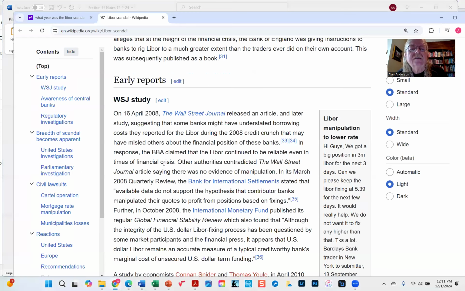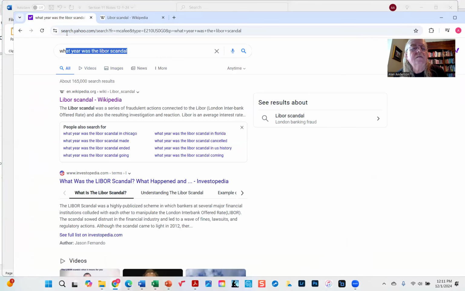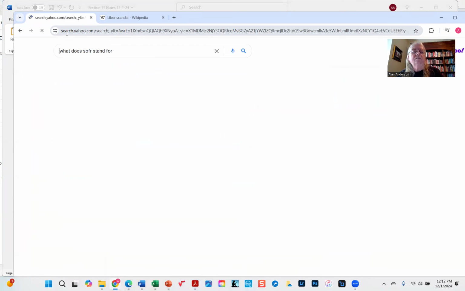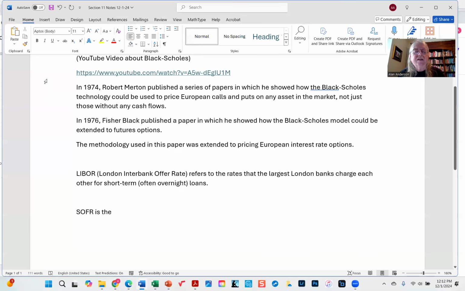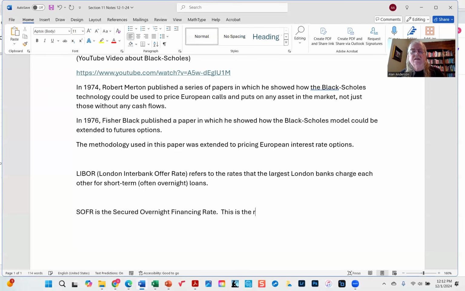SOFR, Secured overnight financing rate. This is the rate at which cash can be borrowed for very short periods of time when collateralized by treasury securities.